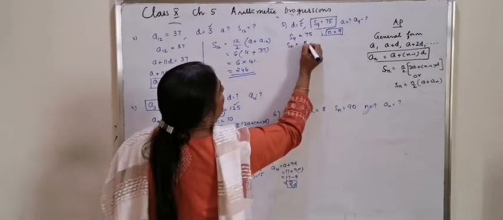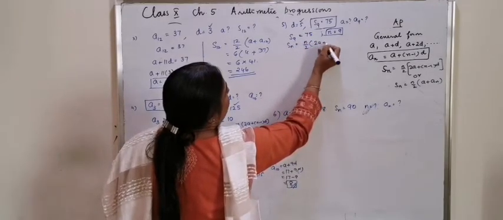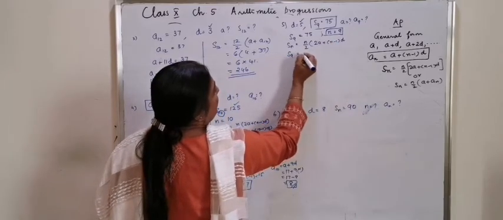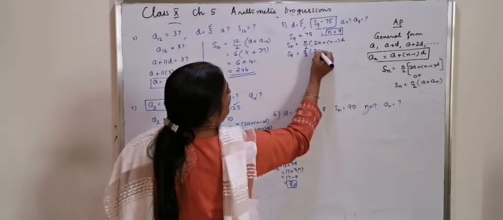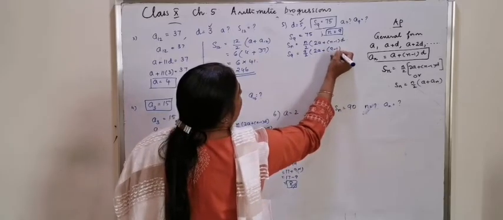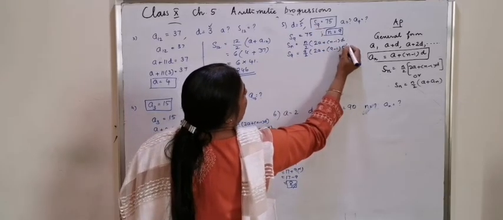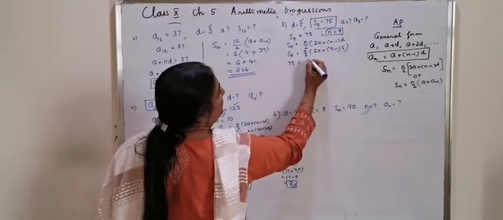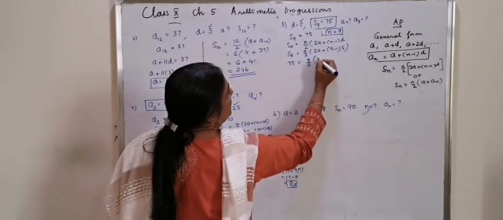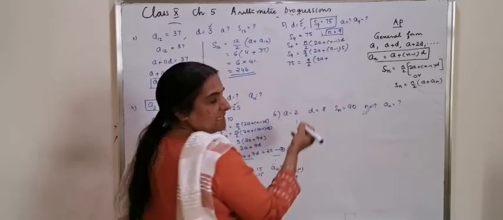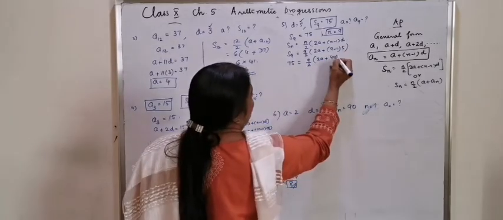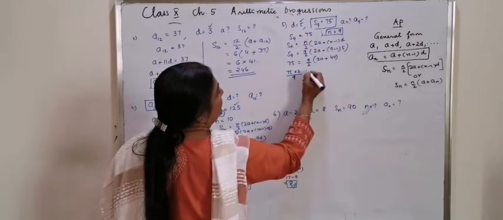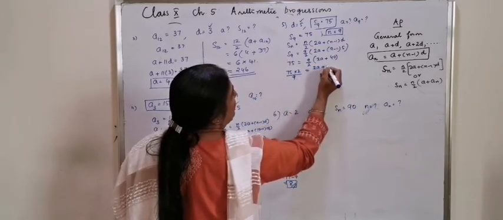Sn is equal to n by 2, 2A plus n minus 1 into D. S9 is equal to 9 by 2, 2A plus 9 minus 1 into D, where D is given as 5. So 75 is equal to 9 by 2 into 2A plus 9 minus 1 is 8, 8 5s are 40. Cross multiply as 75 into 2 by 9 is equal to 2A plus 40.